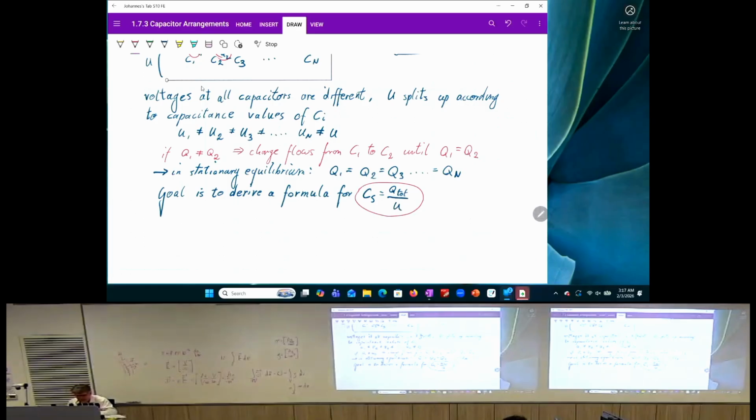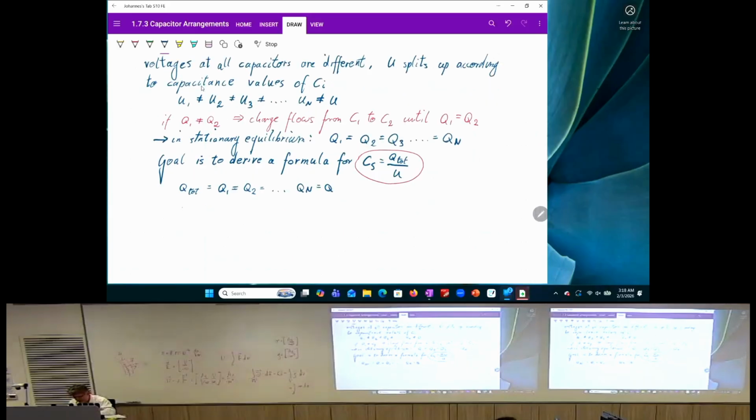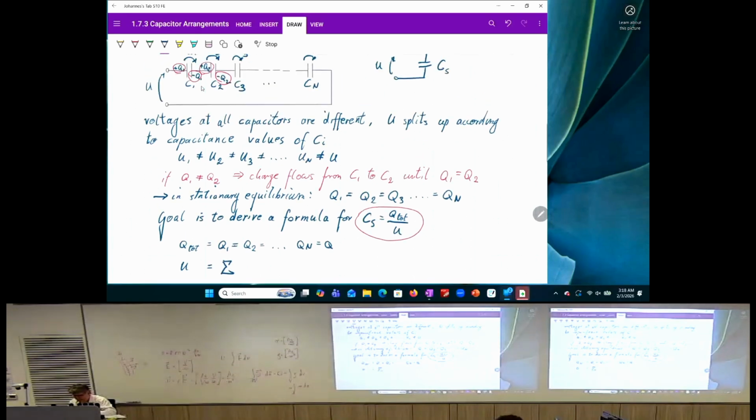What is the total charge? Well, we just saw that charge is the same on every capacitor. So the Q total is actually Q1, is actually Q2, and so on is Qn, and we can just call it Q. How about our voltage, U? Well, that is actually the sum.